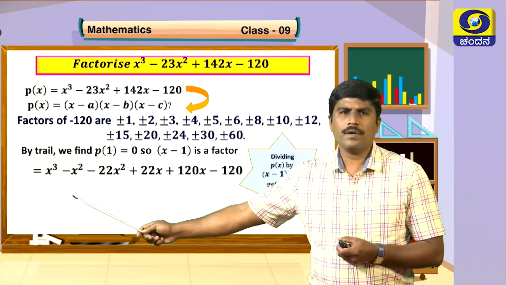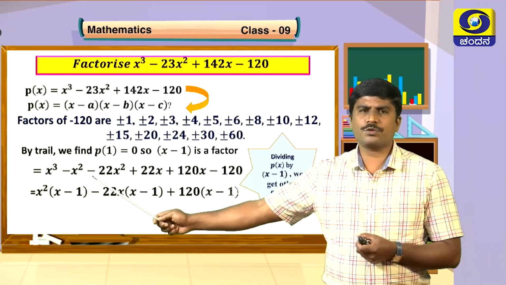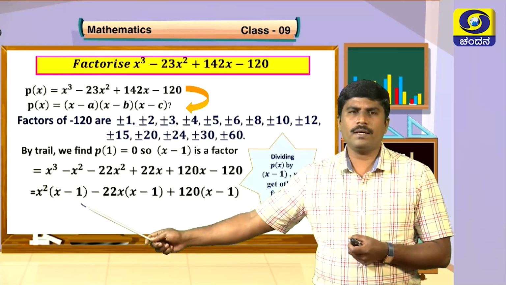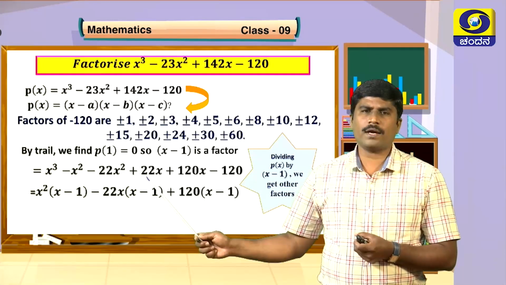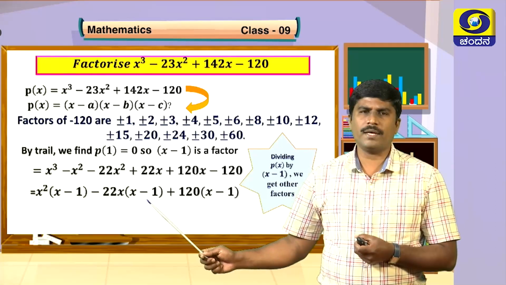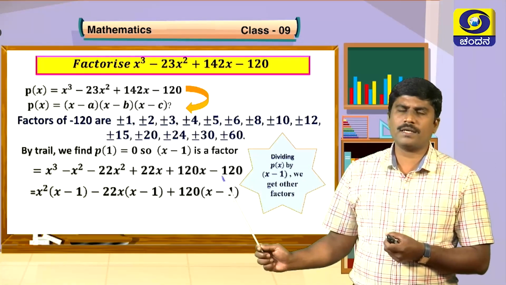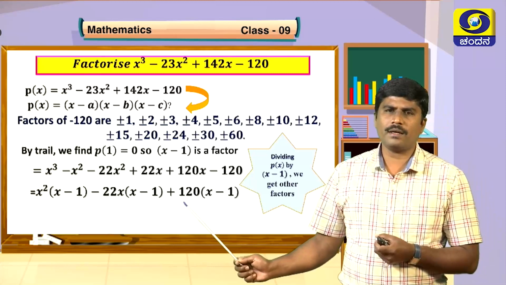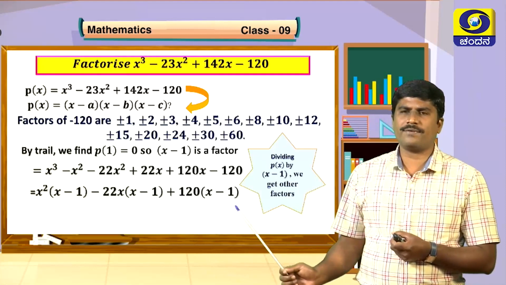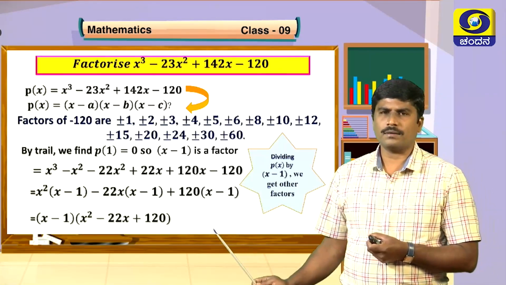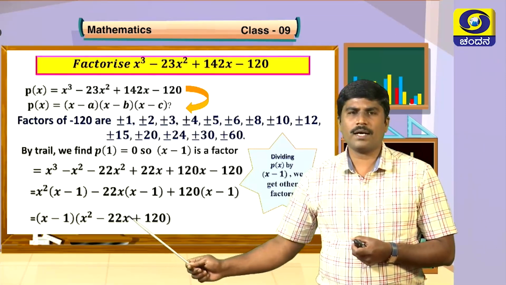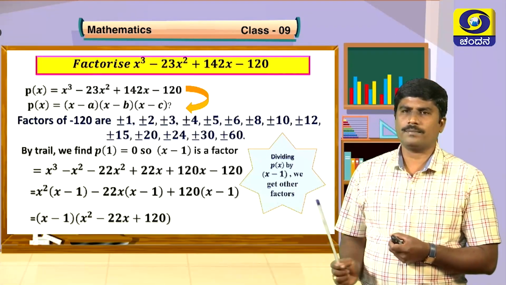Now from x cube and x square we take out the common x square, and the remainder will be x minus 1. From 22x square and 22x, you take out 22x as common, so the remainder will be x minus 1. From 120x minus 120, if you take out 120, the remaining will be x minus 1. So in all the cases, x minus 1 is the factor. If you take out x minus 1 as a factor, right? The remaining will be x square minus 22x plus 120, right?